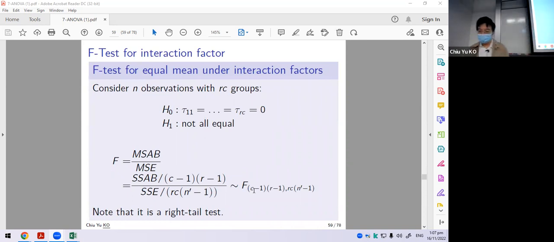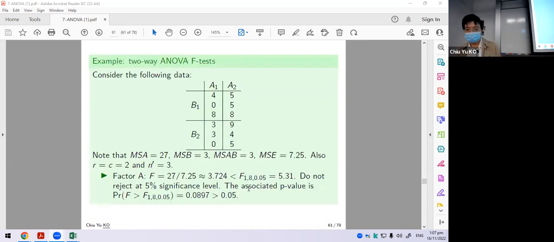So I guess it's good to look at the example, because I don't see there are difficulties here, same as what you learn in the one-way. Look at the first one, MSA and MSE. MSA is 3 times more than MSE, so we may be hopeful that group A would make a difference.